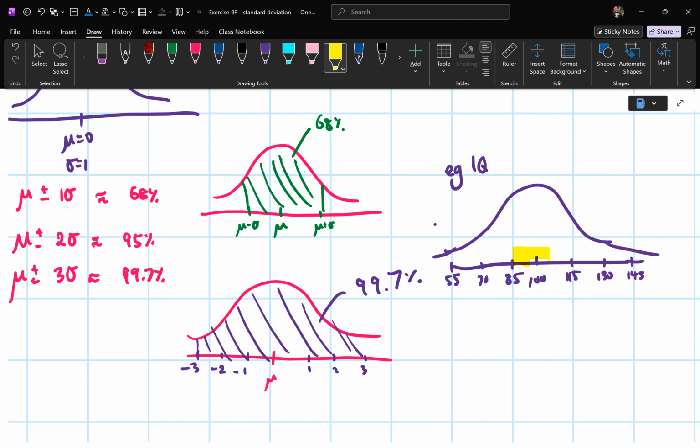There we go. So 85 to 115 is 68%. From 70 all the way to 130 is 95. And then from 55 all the way to 145, 99.7. If that helps you to understand. Okay, so that's all you need to know.